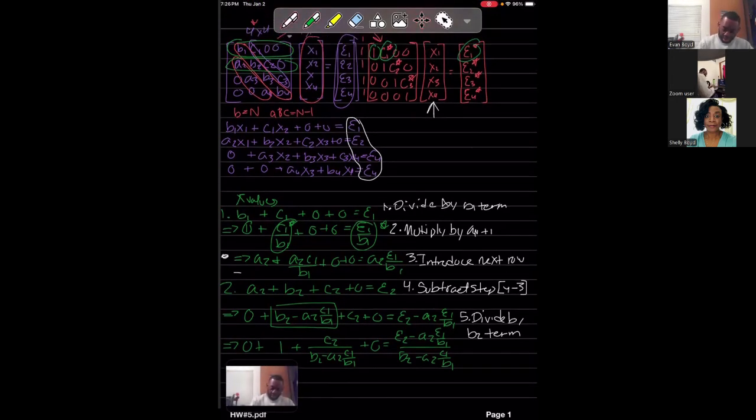We have our matching 1 for this row. We have our new modified value for our C right here. Then we have a new epsilon.